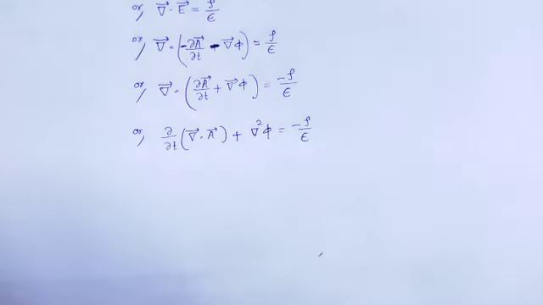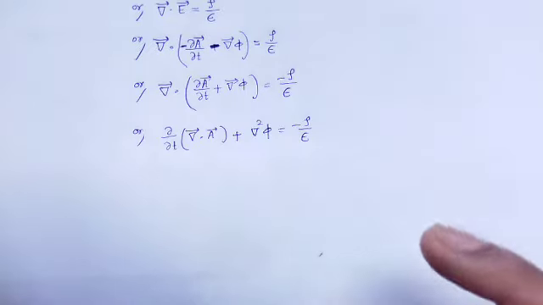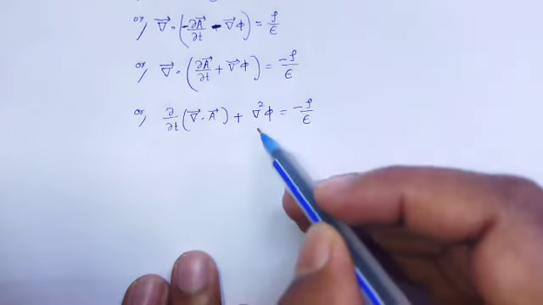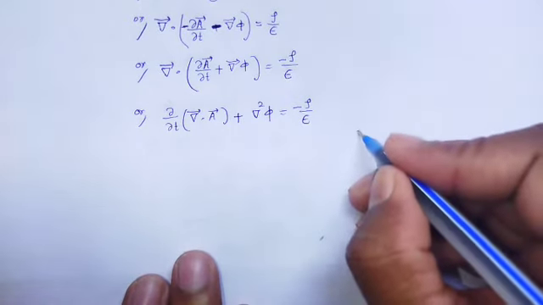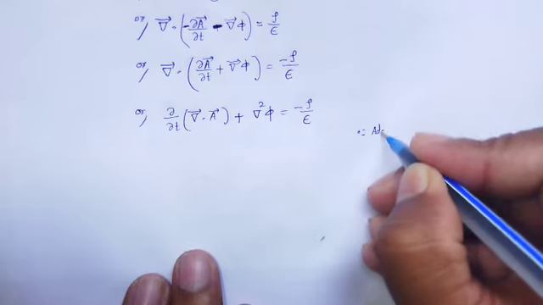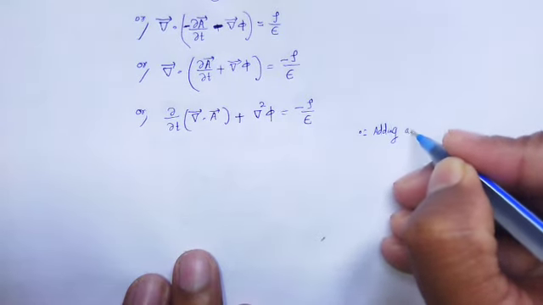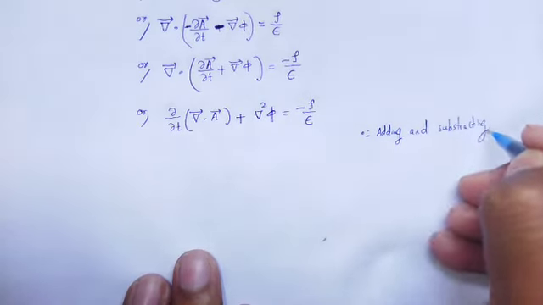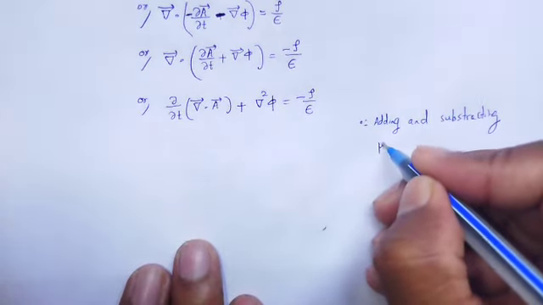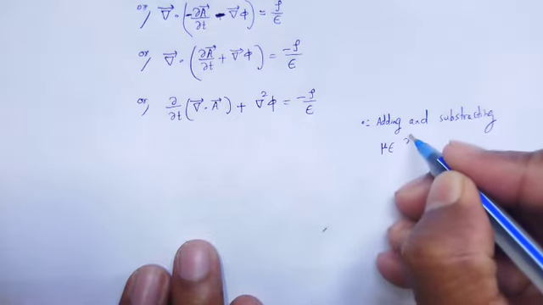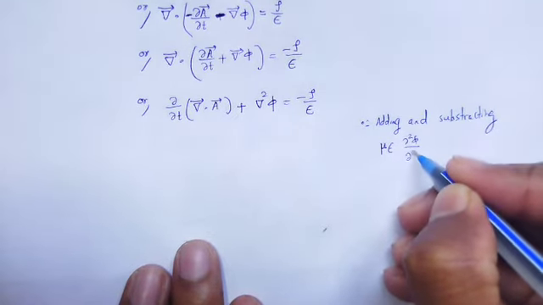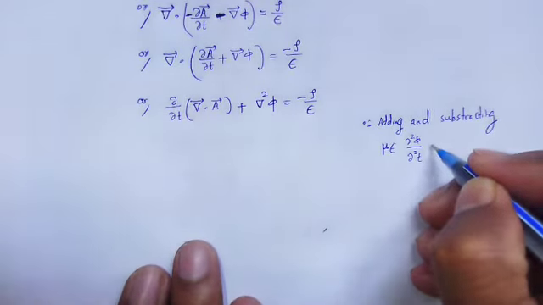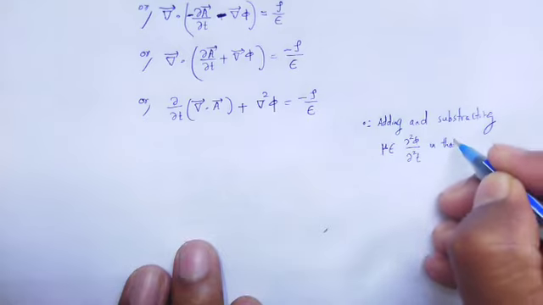Now, we add and subtract a term on both sides, in the left hand side of the equation, adding and subtracting mu epsilon del square phi by del t square.